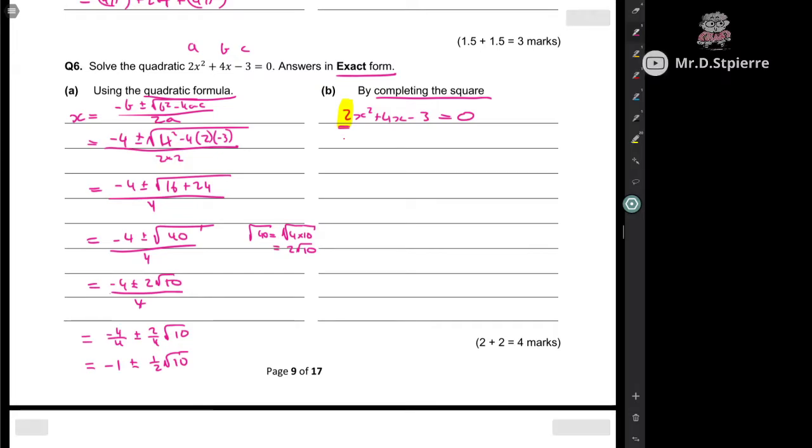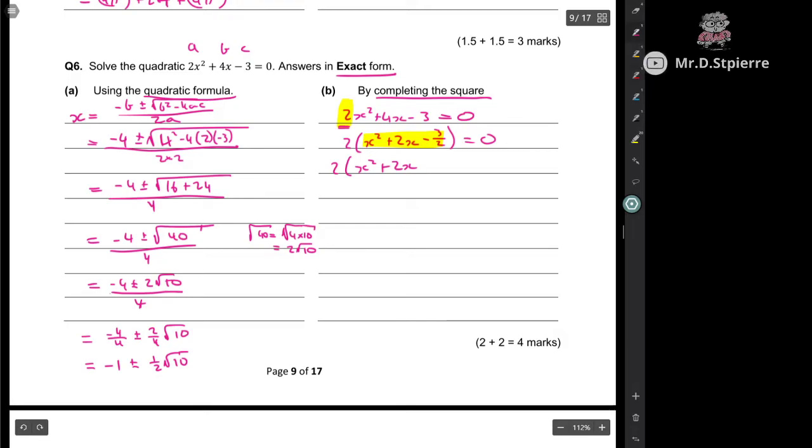So the way we get around that is by taking it as a common factor. So we get 2 bracket x squared plus 2x minus 3 on 2, since we're taking it as a common factor, equals 0. Now we can do completing the square of this bit in here, being careful not to forget that 2 later on.